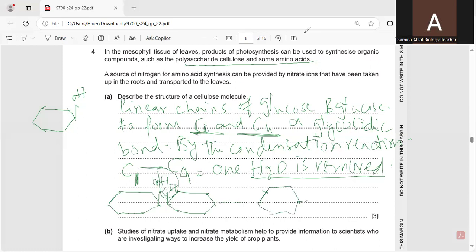In this way, many beta glucose molecules will join together to make one cellulose molecule, and so on. So it will be in the form of linear chains. I have shown only two molecules of beta glucose, but in this way many beta glucose molecules will join together for the formation of a single chain.